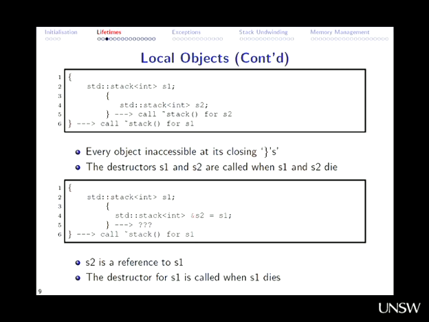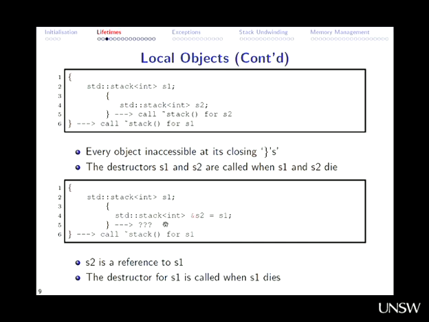Hopefully this should be obvious, but when we go on to line 5 here, and this reference is about to get destroyed, does that actually go and destroy the stack object that it's referencing? Hopefully the answer is clearly no. Hopefully. Okay, because this is a reference that doesn't get destroyed.